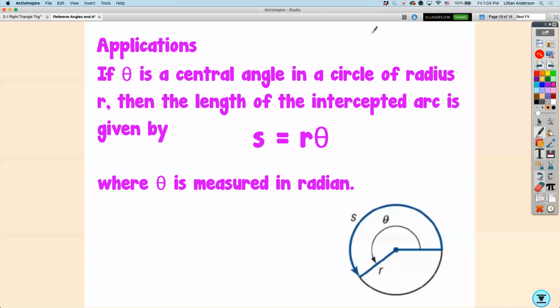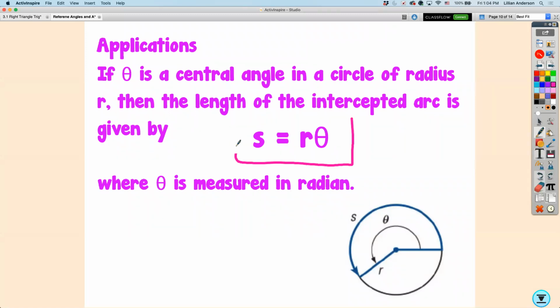If theta is a central angle in a circle of radius r, then the length of the intercepted arc is given by the formula S equals r theta. S equals r theta is your formula for arc length.